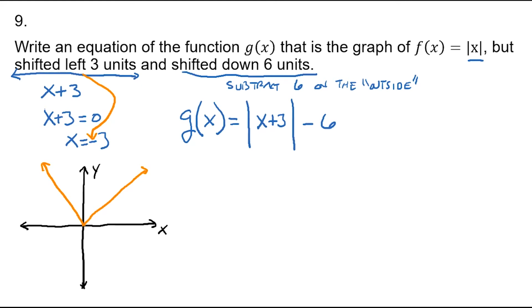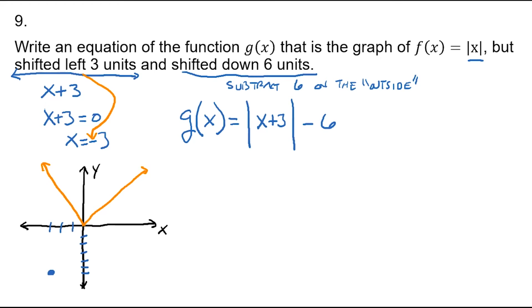But looking at g of x, that's just taking this V and shifting it to the left and then down 6 units. So I can pick any point on this graph, and the easiest thing is to use the vertex. So this is 0, 0 right here, the vertex. I'm going to move to the left 3 spaces, 1, 2, 3, and go down 6 units, 1, 2, 3, 4, 5, 6. So here's our new vertex.